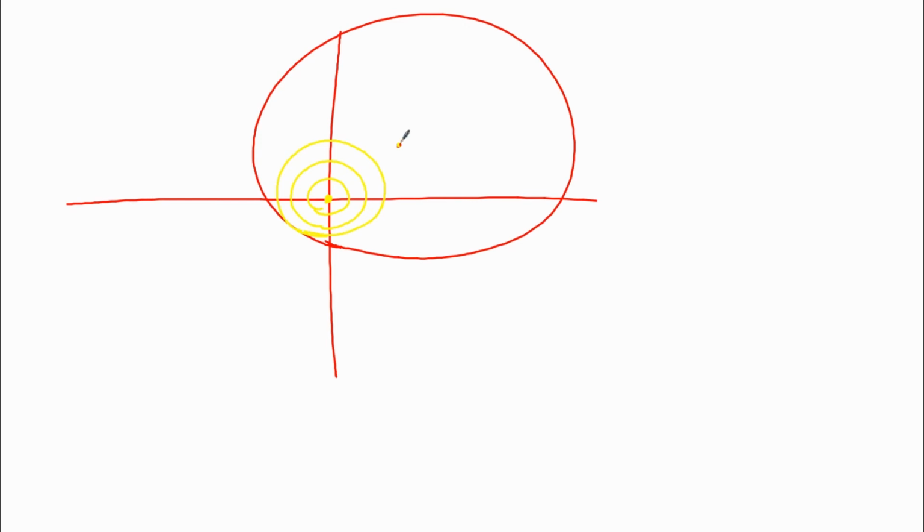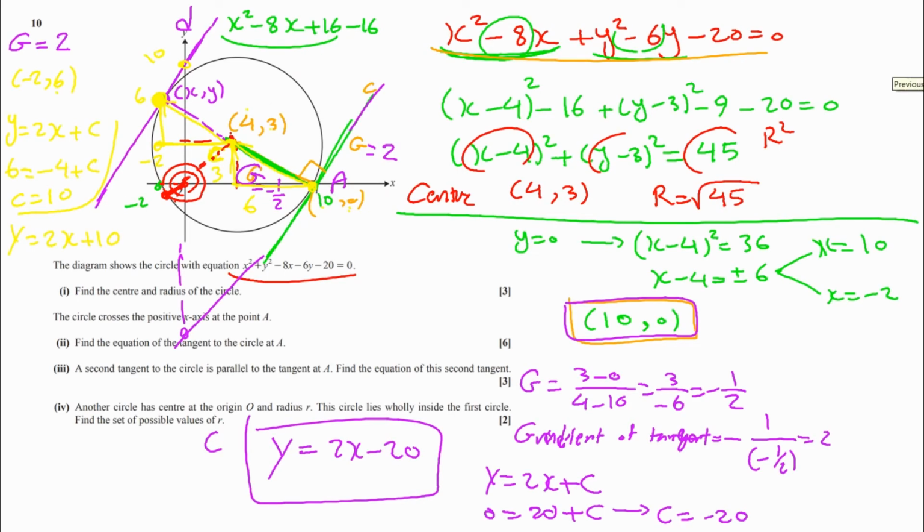So first of all, we know that the center in here is 3 and 4. I think I might have been wrong. I think it might be 4 and 3. If I just have a quick check, the center is 4 and 3, yes.